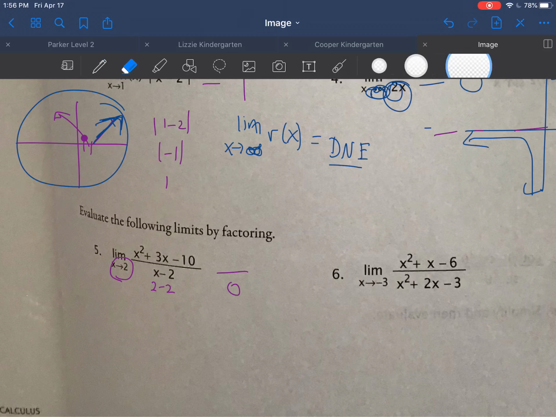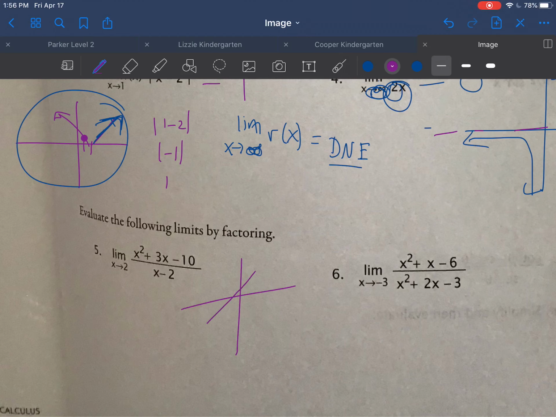Basically, these rational graphs where we have lots of x's divided by x's create holes in the graph. It's going to look like this, and where x is equal to 2, it's actually going to have a hole in the graph. And so that's where we have this.